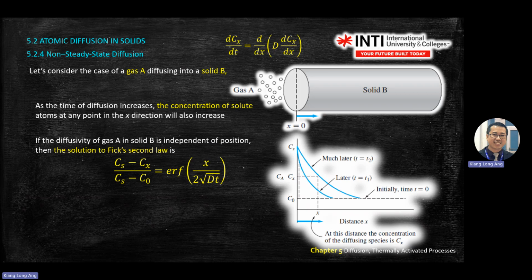You use Cs minus Cx divided by Cs minus C0 equals erf of x over 2 root Dt. You need to refer to the table to apply this rule.